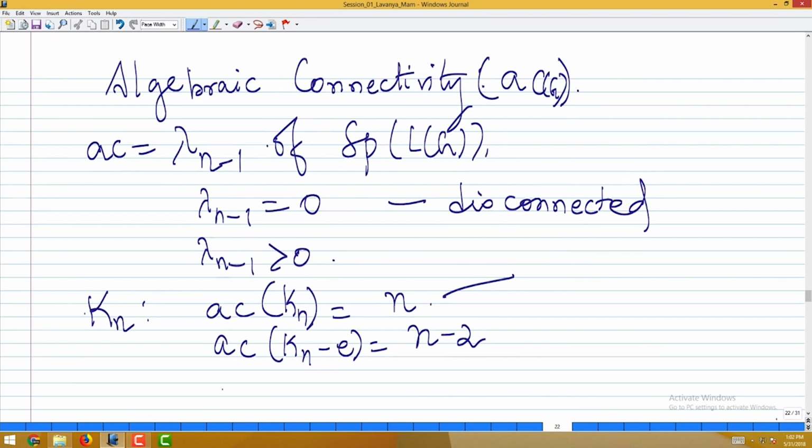So, the next question comes: of all connected graphs on n vertices, what is the algebraic connectivity, or how small can it go, or how large? We know how large it can go, up to n, and we know that in general if G is connected and not complete, then this would be less than or equal to n minus 2.